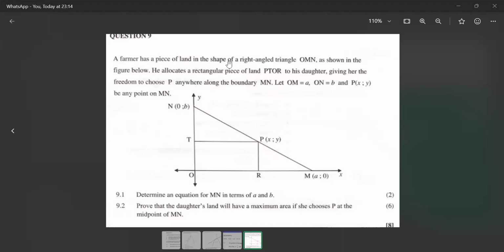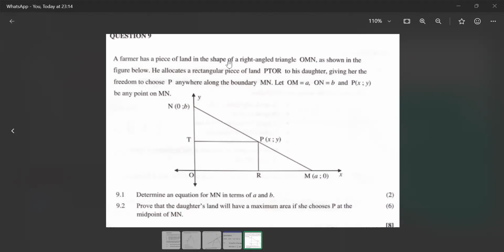Remember that the daughter's land is a rectangle. So what they're actually saying is, prove that the area of this rectangle will be a maximum at the point which is actually the midpoint of the boundary MN. So what we need to do here is just to calculate the coordinates of the midpoint of MN.